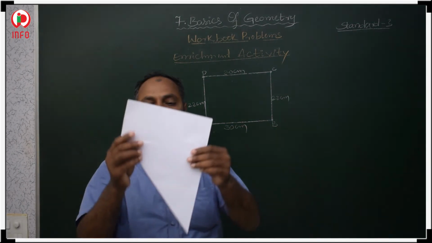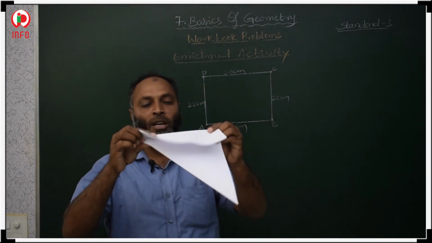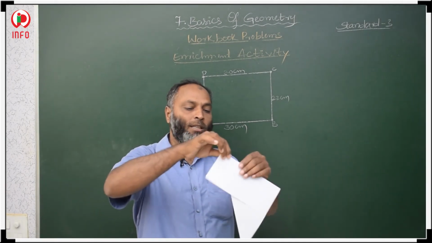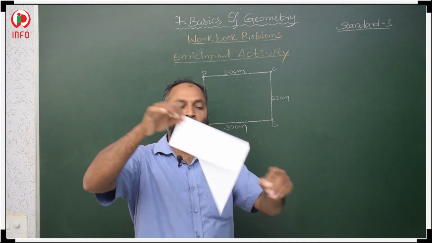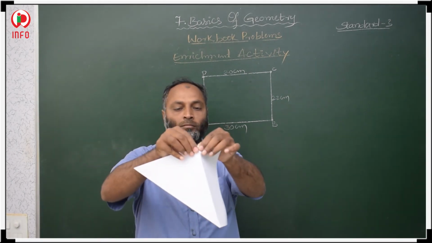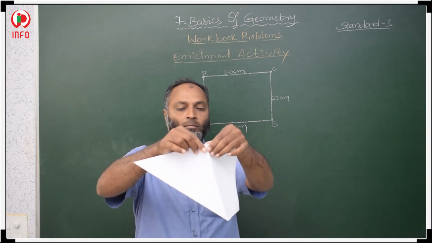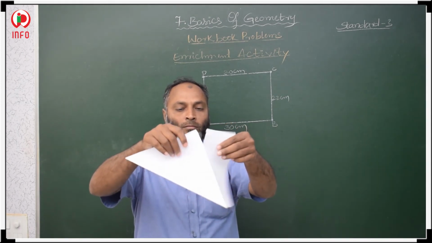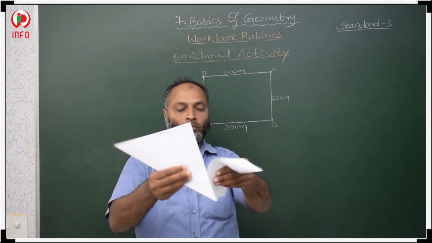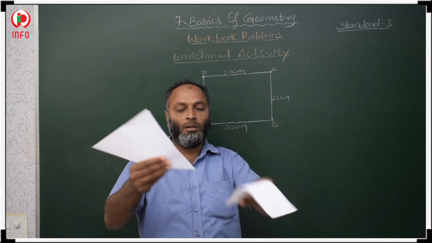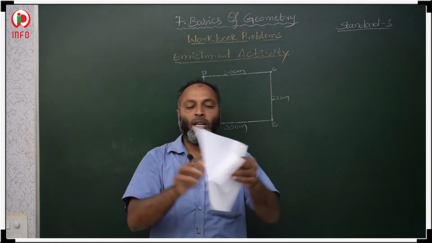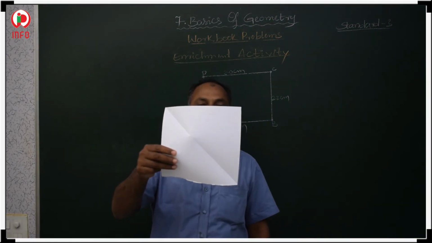This portion you have to cut from your A4 size paper. Remove this portion. Now open this. Now you will get square paper. It is in the form of a square.